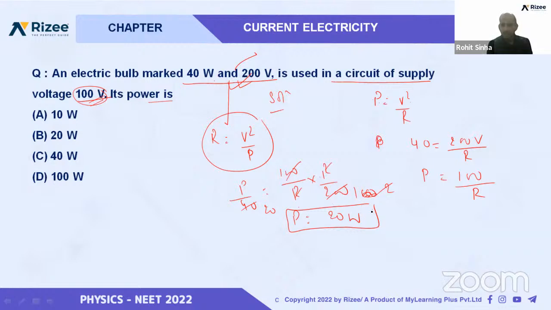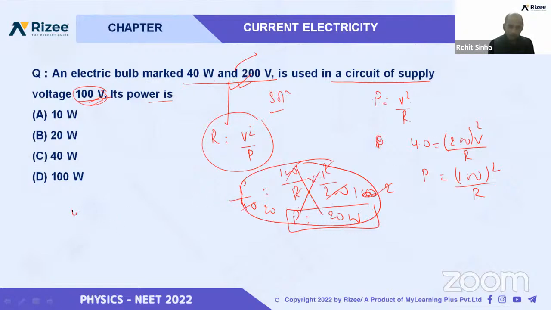Okay, good. You see what is the formula? Power is equal to V square by R. Use this formula. This was the calculation mistake part. What will we do here? You can take the ratio of both of them.